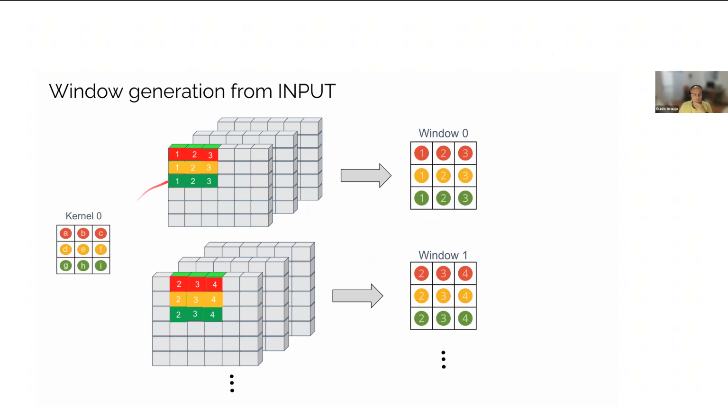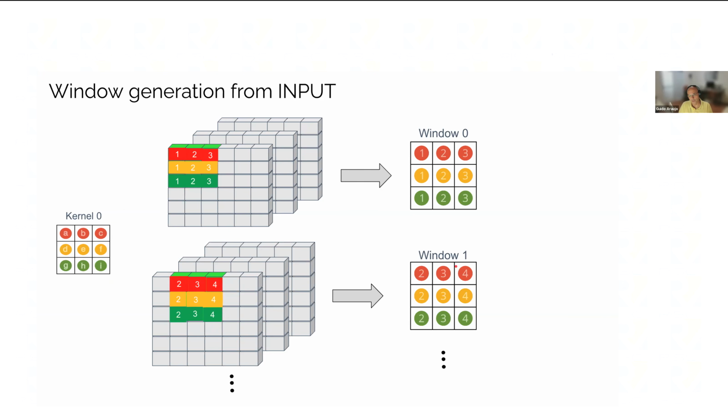We call here in our notation the projection of the window. So we have the first projection of kernel 0 onto the first channel of the input window, and then you move the kernel to the side, and you get a new projection on the input.